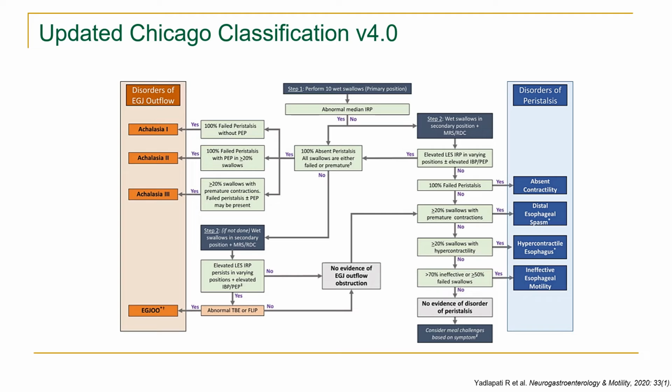All patients must have at least 50% failed swallows. And the second thing is that Chicago 4 emphasized the presence of significant clinical symptoms in patients with DES, or with EGJ outflow obstruction, or the hypercontractile esophagus.